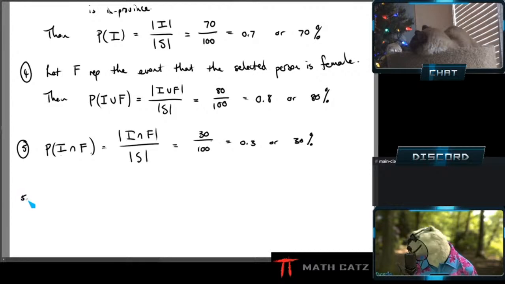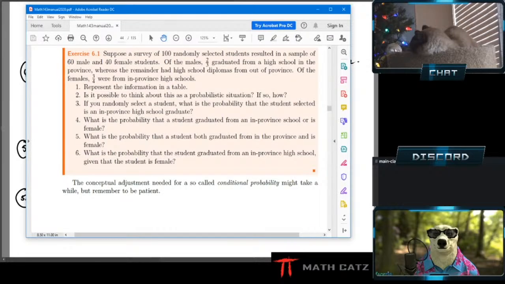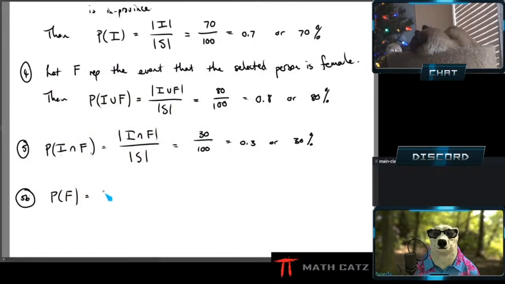I'm going to insert a little 5b here, just the probability of getting a female. Let me just check if that's what I'm looking for. Then it's simply the number of ways of getting female divided by all possible ways, right?